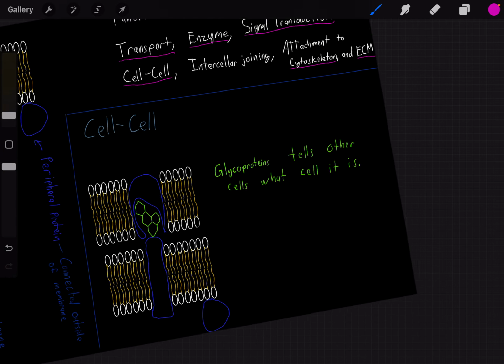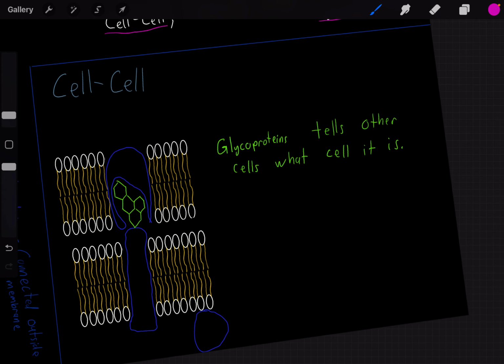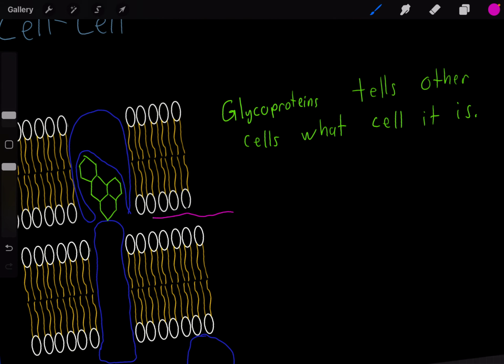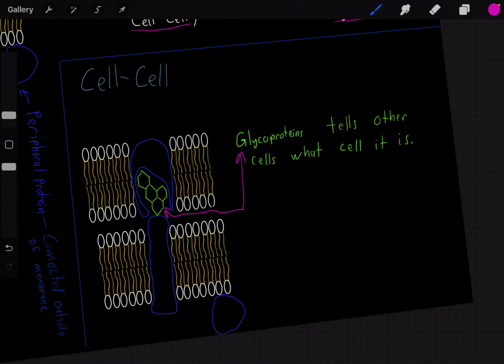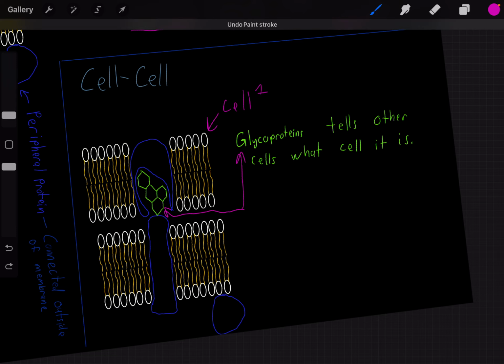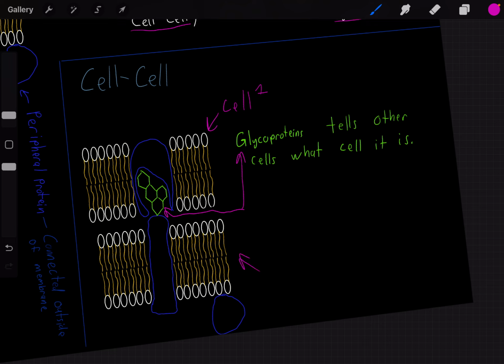Now we're talking about cell-to-cell recognition. Real quick, this green part right here is going to be your glycoproteins. Each type of cell has a different glycoprotein-like complex. So when this cell right here, cell 1, goes to this cell and connects to the glycoprotein, the glycoprotein has a specific complex.